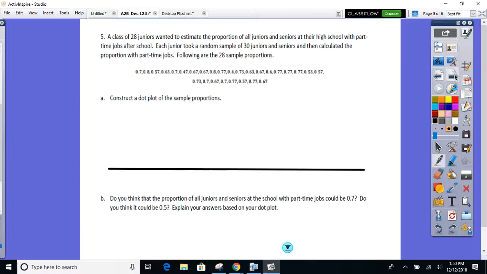What's the highest and lowest proportion here? The lowest one, 0.4. Anything lower than 0.4? Okay, so can we start it at 0.4? Sure. Can we start it at 0.35, 0.3? As long as 0.4 is represented somewhere. And what are we going up to? 0.8?